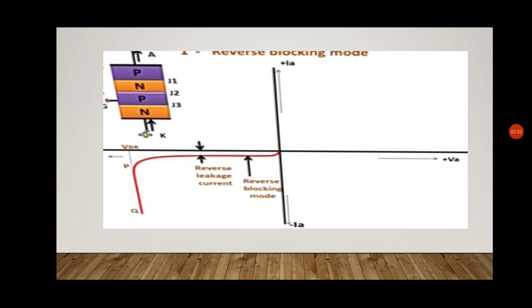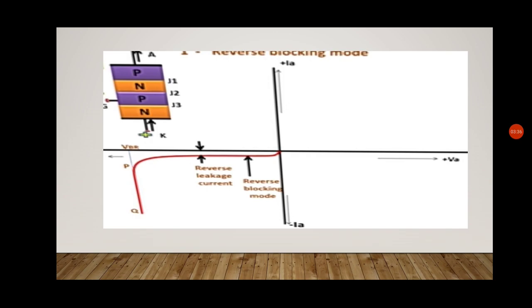Now, in the reverse blocking mode, we put the cathode K as positive with respect to anode A. So what happens when the cathode K is positive with respect to anode A, keeping G open, is that J3 and J1 are reverse biased and J2 is forward biased.